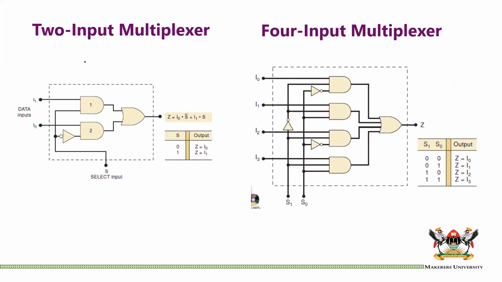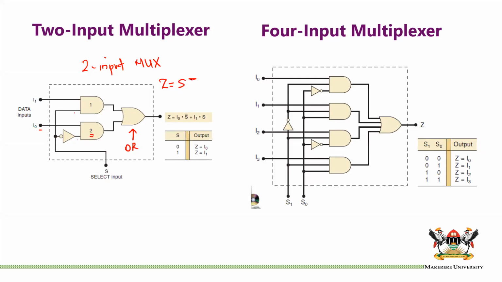Let us look at this. This is a two input multiplexer that we have just seen. You can see you have your two inputs, I1 and I0. They are going into AND gates, but your select input goes into gate 2 inverted, and in the other case it is not inverted. So then you have that Z is equal to, as you can see, your OR gate here, and so we are ORing, so to speak.